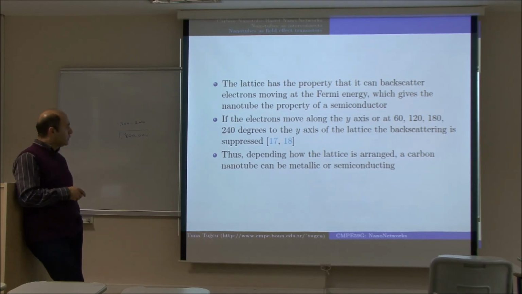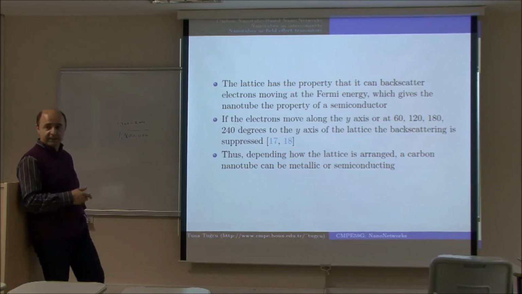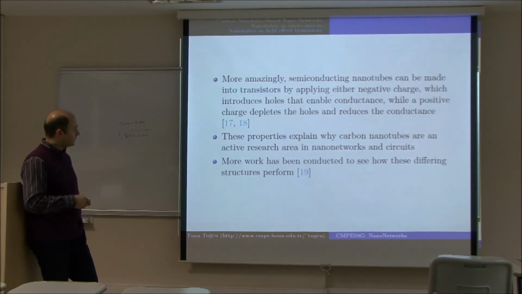If the electrons move along the y-axis at 60, 120, 180 or 240 degrees to the y-axis of the lattice, then the backscattering is suppressed. So depending on how the lattice is arranged, we can adjust whether it will be a metallic or a semiconducting carbon nanotube.